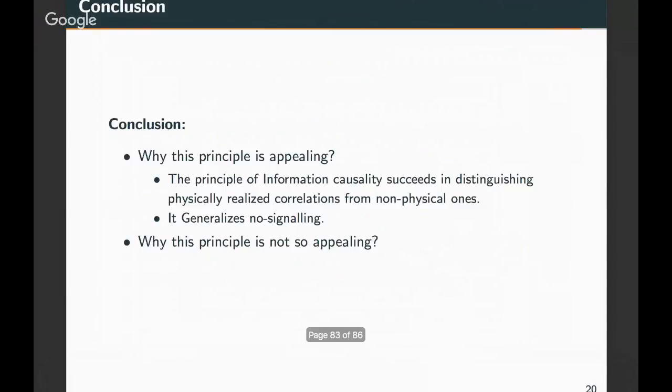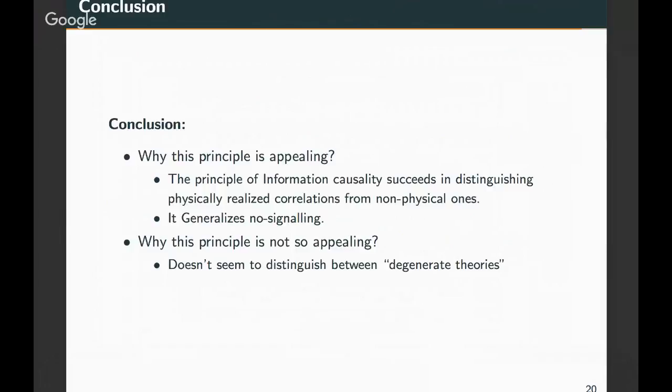It also generalizes no signaling, but this principle is not so appealing to me because it doesn't seem to distinguish between degenerate theories. For example, I asked you whether Bohmian mechanics gives you this bound of 2 root 2, and you said yes, it does.